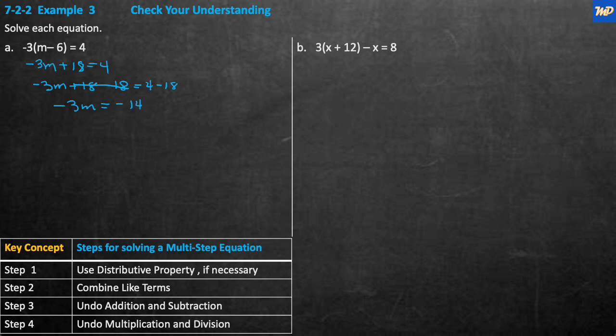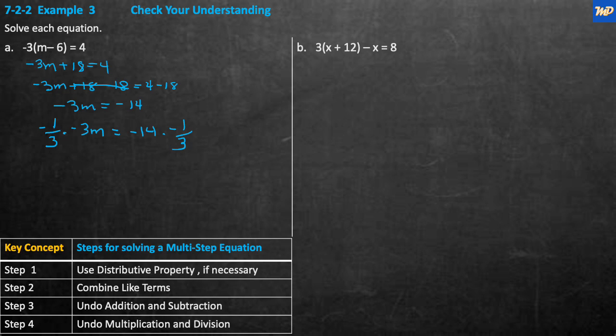So now we have to get rid of the coefficient of the m variable, because the m variable's coefficient has to be 1. In order to do that, we're going to multiply both sides by negative 1/3 times minus 3m, getting rid of the minus and the 3 all at the same time, is equal to minus 14 times minus 1/3. We did the same thing to both sides.